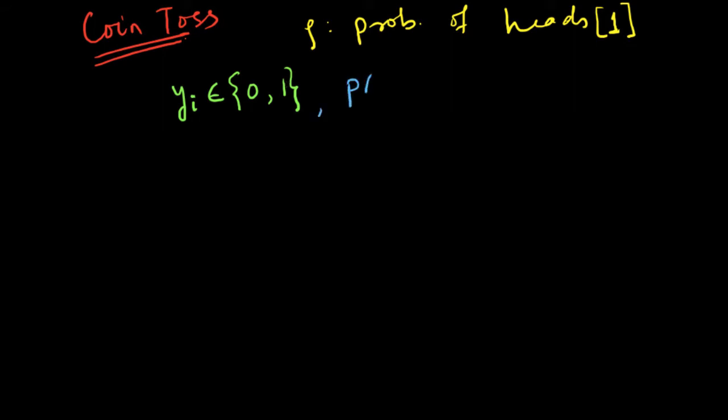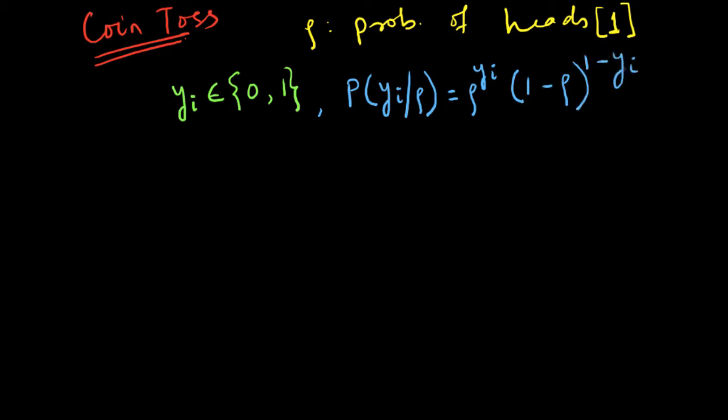So the probability of yi given rho is equal to rho to the power yi into 1 minus rho to the power 1 minus yi. So this is a very nice and compact way of incorporating the probability of both head and tail.